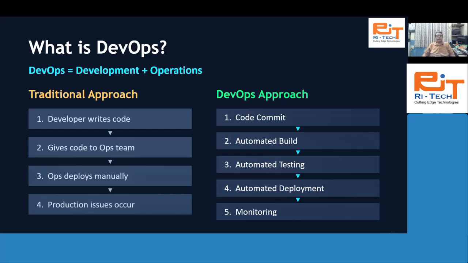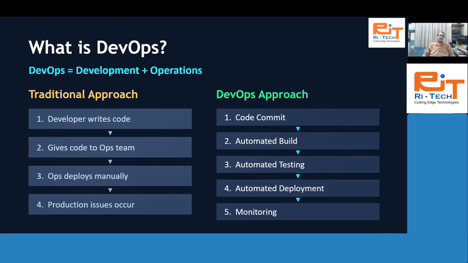Now, in traditional app development, the developer writes the code, then gives the code to the operation team. The operation team is supposed to perform various operations like testing and deployment.